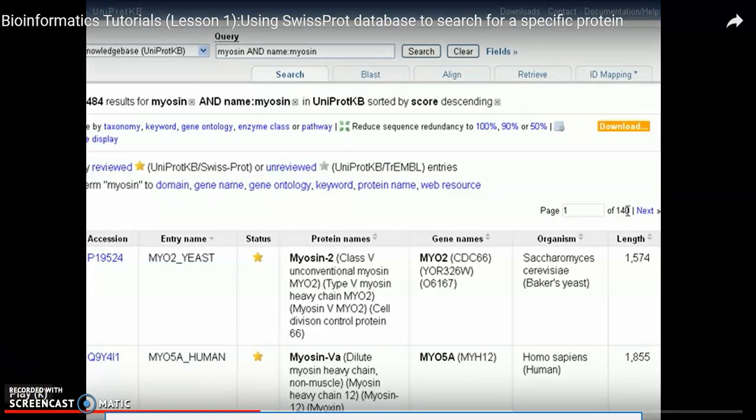As we see, the number of the search results for the types of myosin is 140.